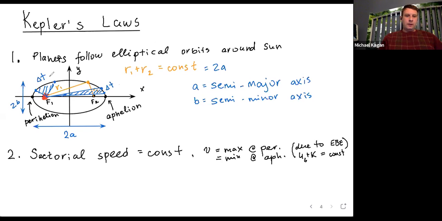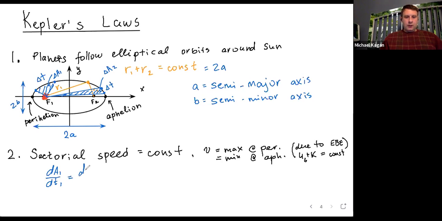So if you call this delta A1 and this delta A2, then they're equal. Or Kepler would write it like this. He would write that the time rate, or the rate at which the area is being swept, is constant. So this is Kepler's second law.